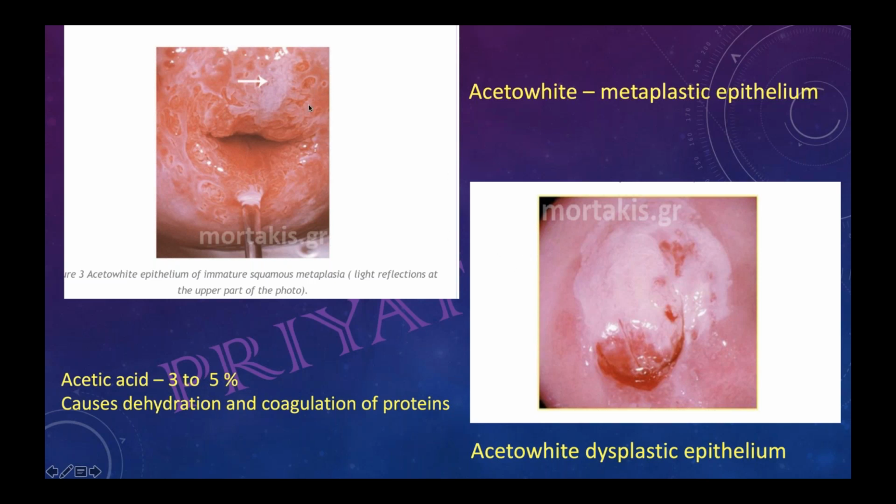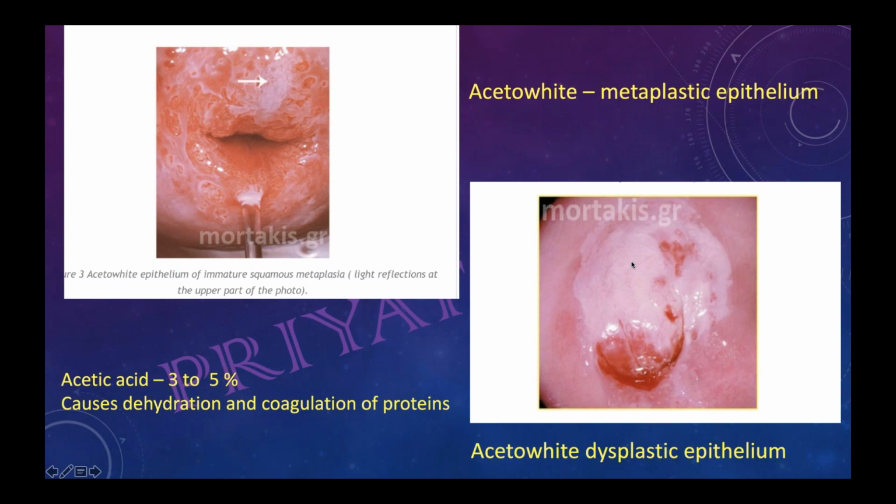Just now you can compare both pictures. Here it is a metaplastic change, so within a few seconds it will fade and go away. And this is a dysplastic change, and therefore it is so thick. Anyone who does colposcopy regularly will see this picture at the cervix within a fraction of a second and say, okay, this is high grade.